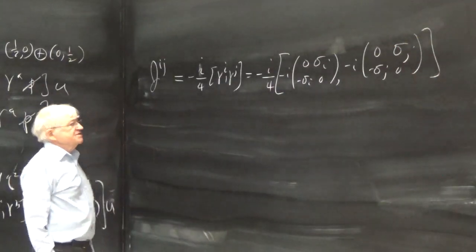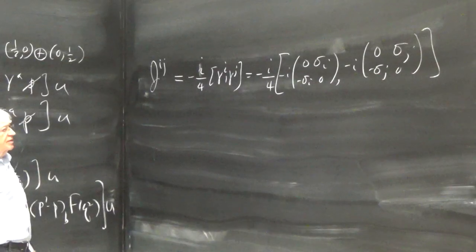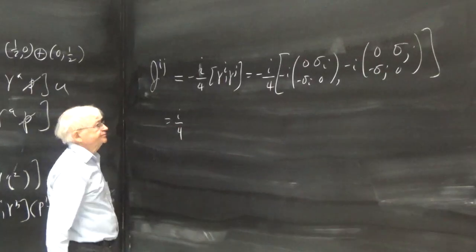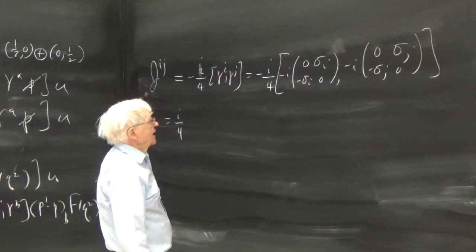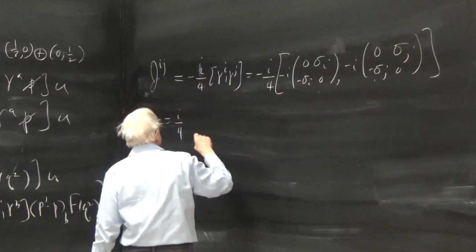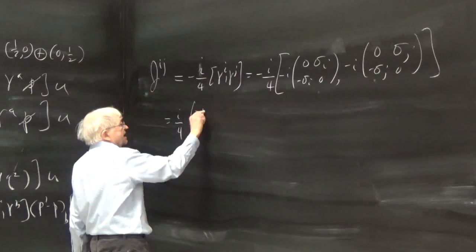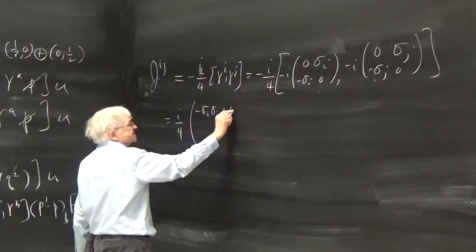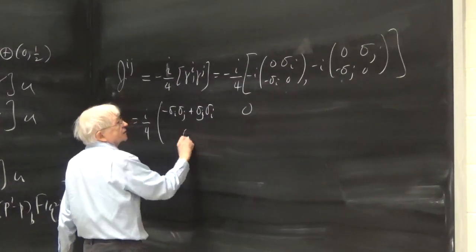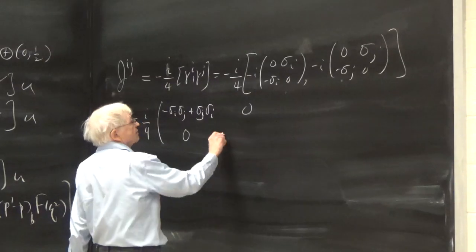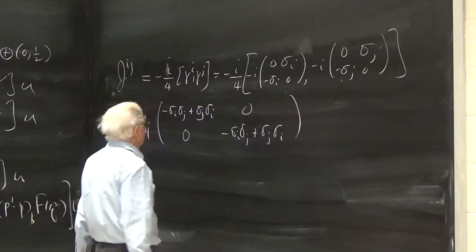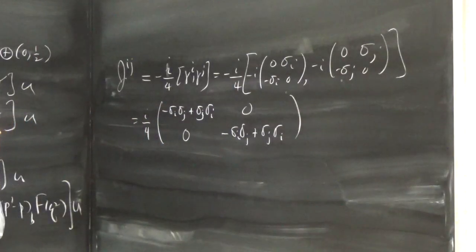Now you see what happens is the two minus i's give you a minus sign. So this is i over 4. And then you just have the commutator of those, and what you get is minus σ^i σ^j plus σ^j σ^i in the upper block, and the same down here. So you get that structure.